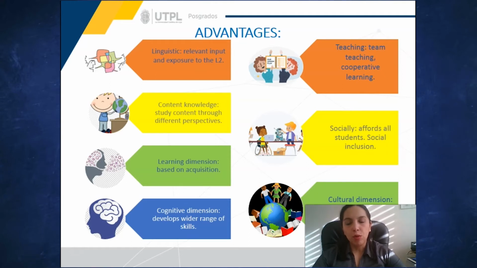Socially, it affords all students, irrespective of social class or economic differences, the chance to learn bilingually at the same level and with the same opportunities. The merits of CLIL within the cultural dimension show that it offers more powerful opportunities for intercultural learning.